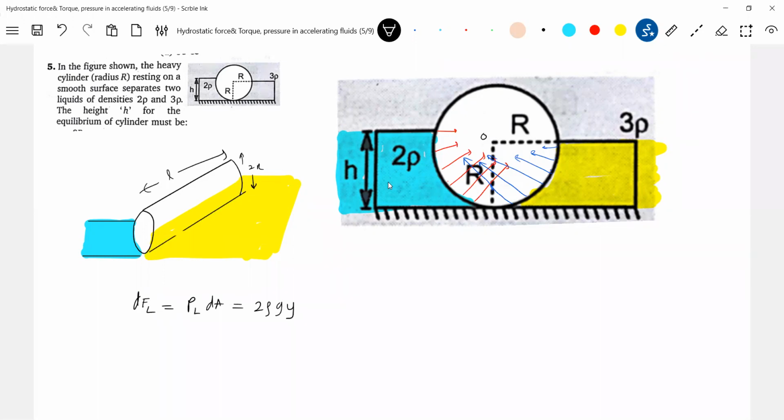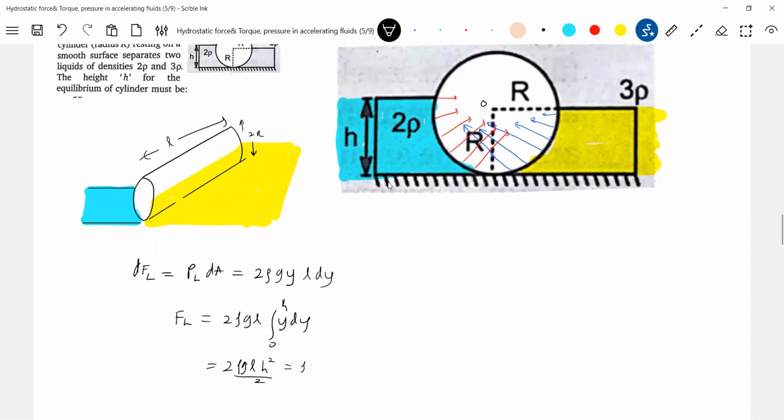What is dA? dA should be equal to L into dy, where L is the width. So this should be equal to 2 rho g L y dy. What should be the limit? 0 to h. Rho g L h squared.